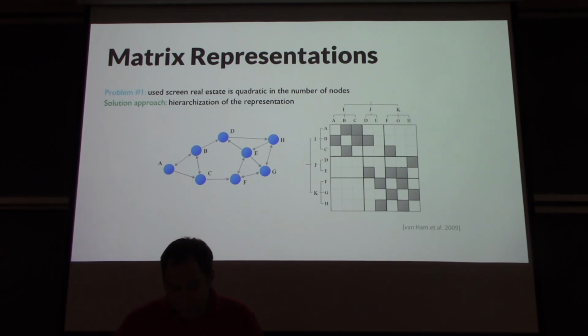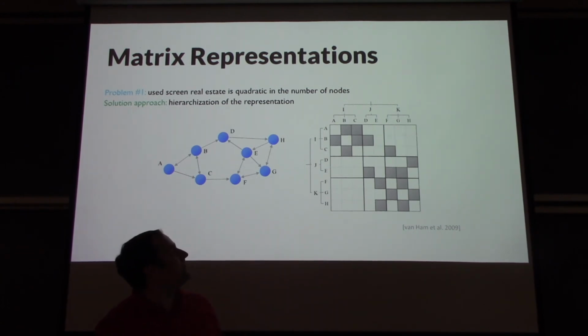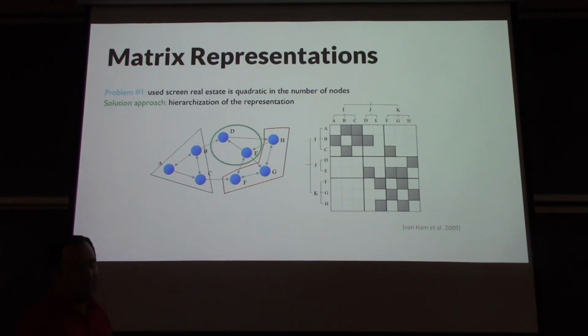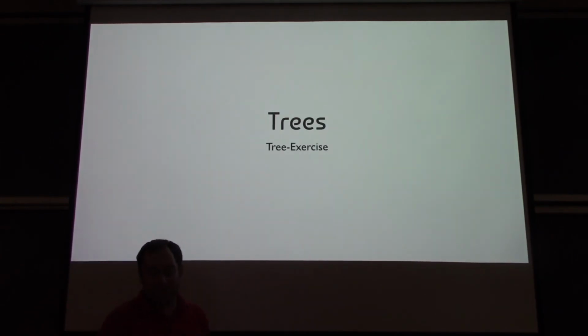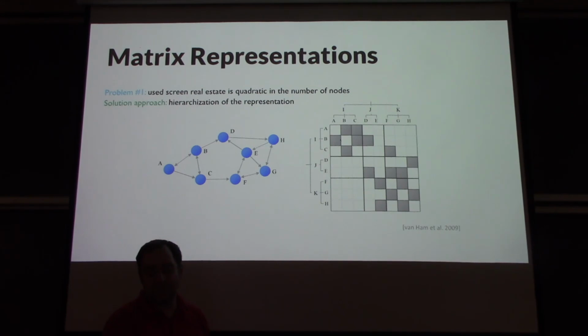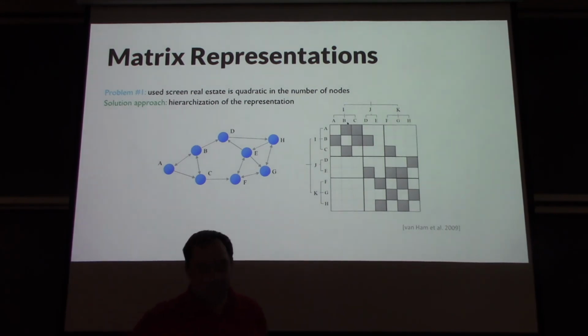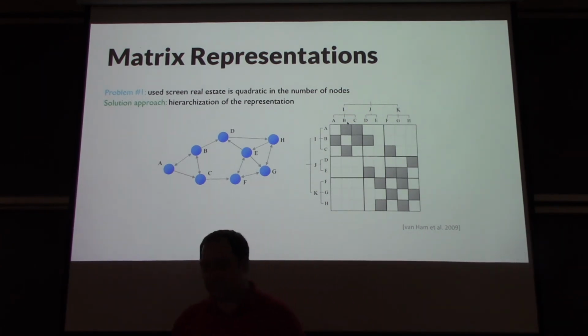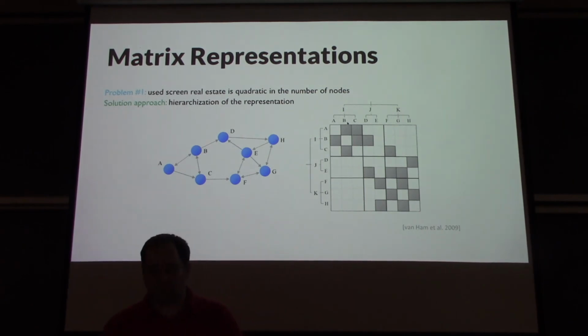Here's a hierarchization of the representation that aims to address the problem of the quadratic space, so that you can collapse that a little bit. In here we create those three groups, and essentially we could collapse it at any of those levels. There are other techniques to address this problem with distortions and selections and so on, but I'm going to skip over them because they're not super relevant in practice.